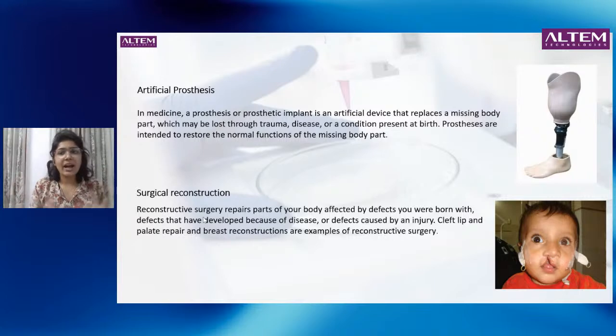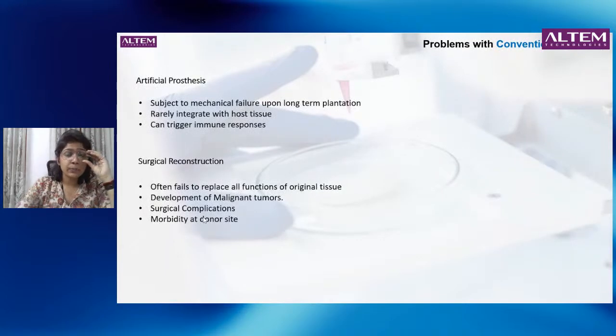So, while you have these conventional treatment methods, we are trying to find a form of treatment that can be less painful, with less comorbidity. The problems with these conventional methods: with artificial prosthesis, you are subjected to mechanical failure upon long-term implantation, poor integration between the host and the tissue site, and triggers due to immune responses.